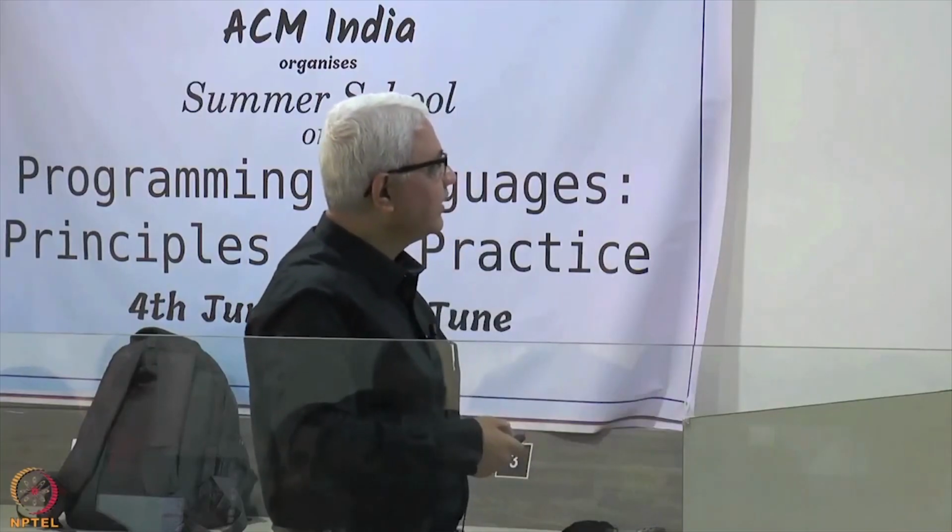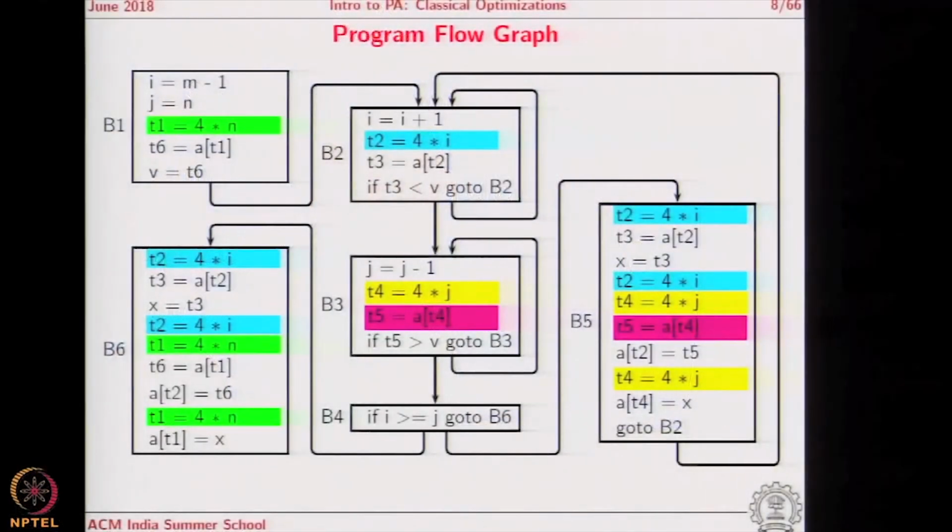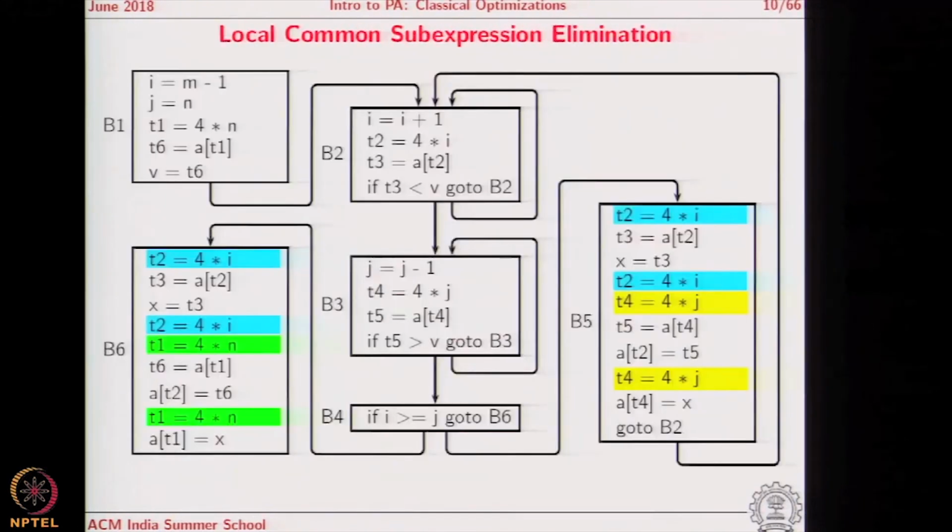So, let us look at this basic block for example. We have 4 star I here and 4 star I here. Now, is this 4 star I redundant? Yes, now we can say it with a reasonable certainty. So, this is the optimization called local common subexpression elimination. It is local to a basic block, and it is common subexpression elimination.